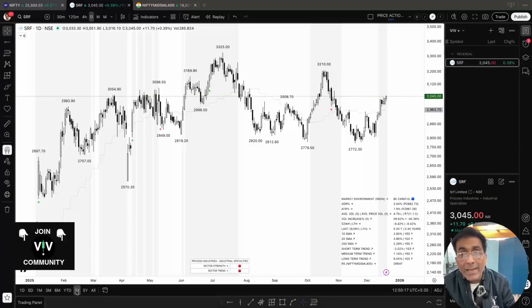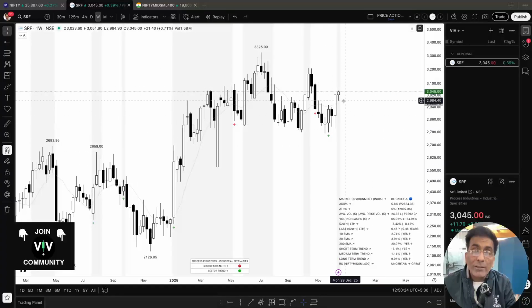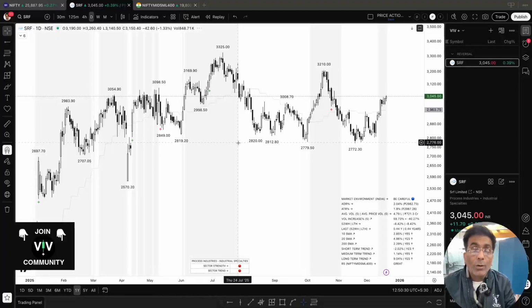So our scanner has two criteria. Either the weekly trend should be positive, which means the background should be highlighted, or the daily trend should be positive.